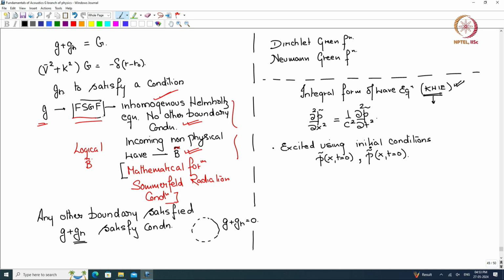These are the initial conditions. It can be driven by that. It can also be driven by boundary conditions.